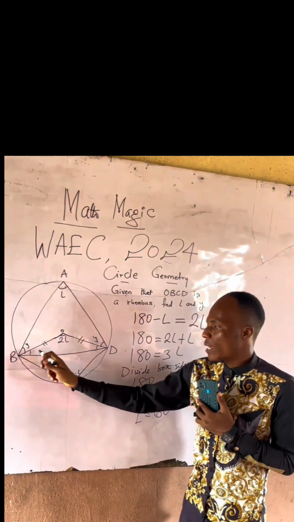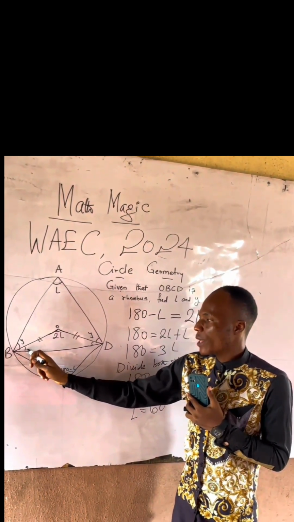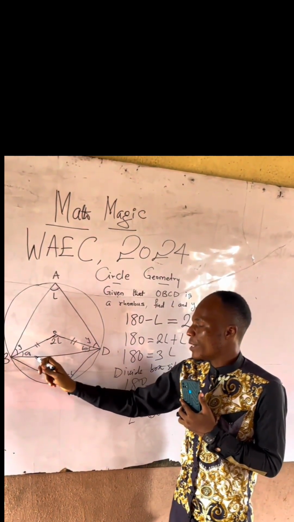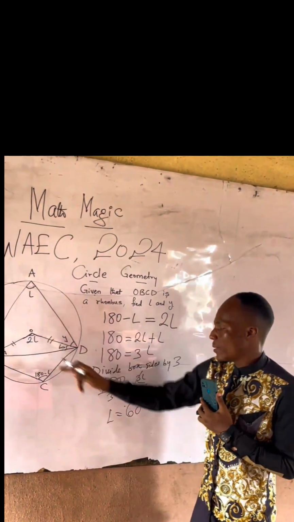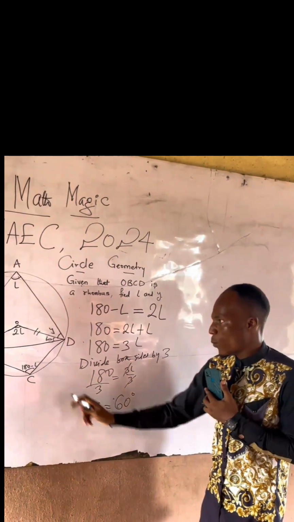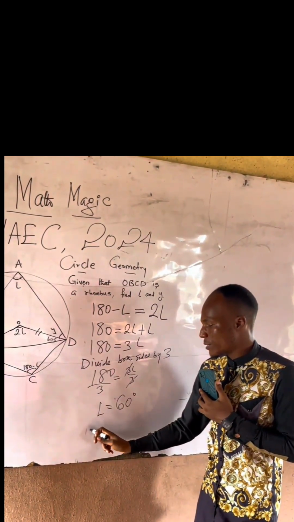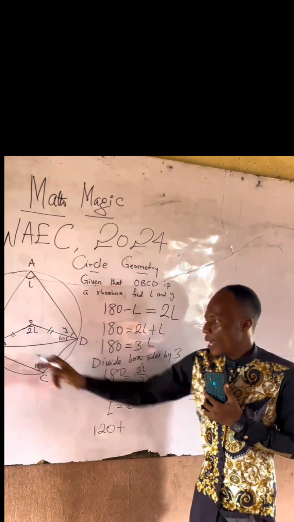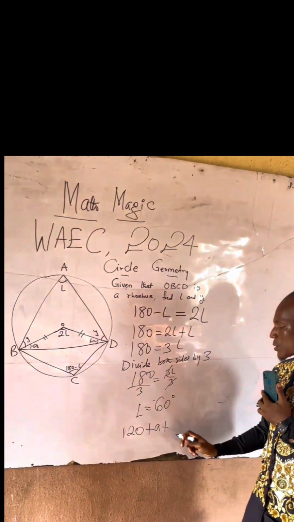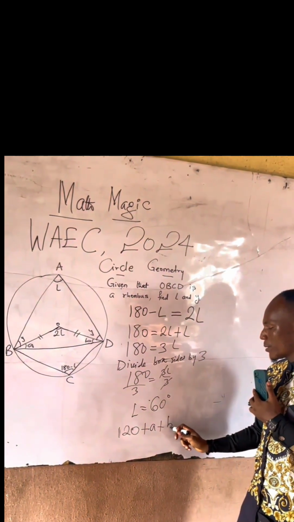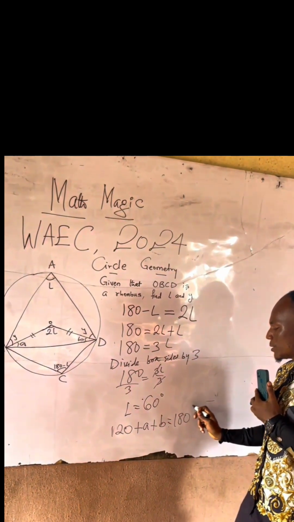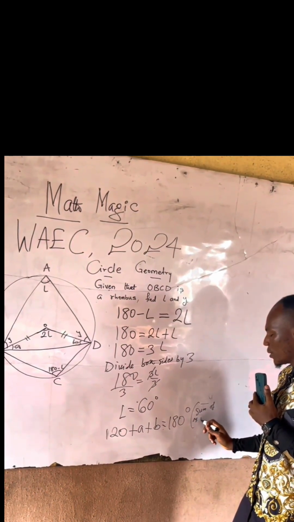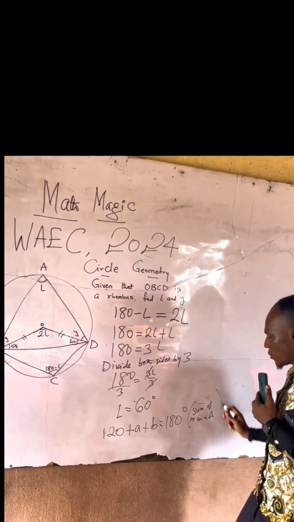That means these two angles are equal, so we can call this A and this B. We already know 2L: L is 60, so 2 times 60 is 120. 120 plus A plus B is equal to 180 degrees, sum of angles in a triangle.